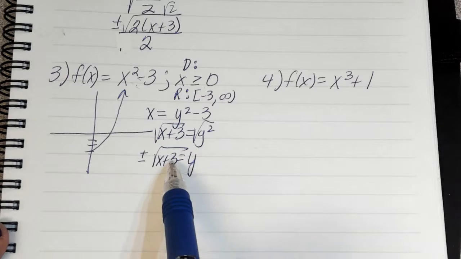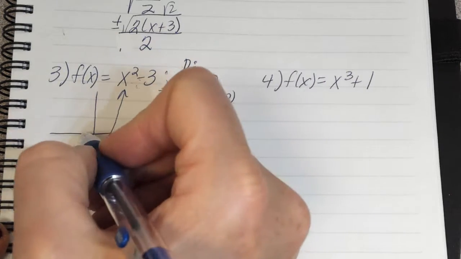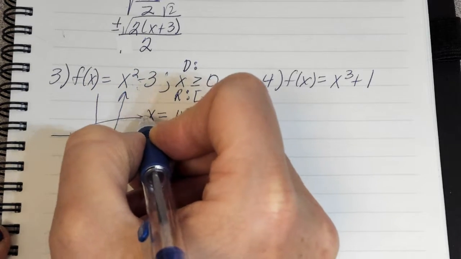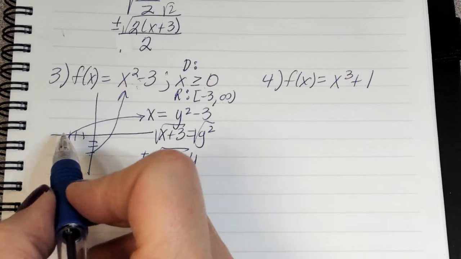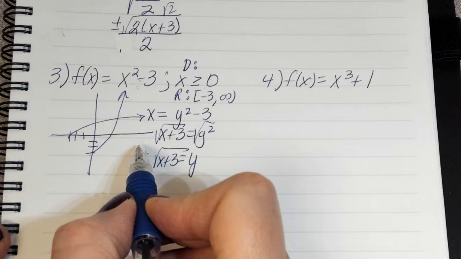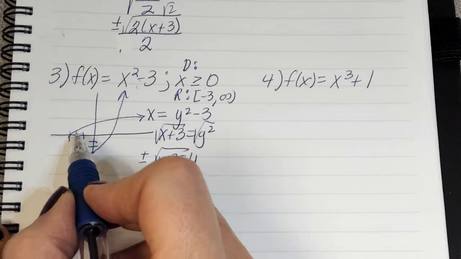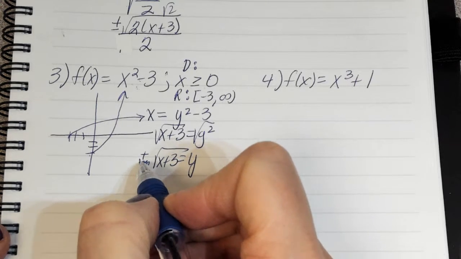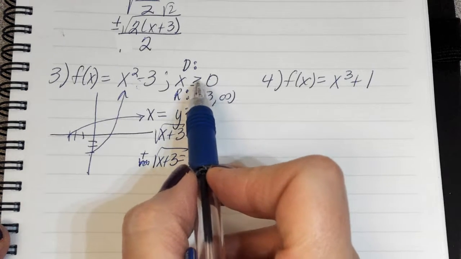Right. This function is going to be a shift to the left 3 units, and it's a square root function. It looks like this. If I have the plus and the minus, it's going to look like this and like that. That's not what we want. We only want it to look like this to be an inverse, so I get rid of the negative in this case.